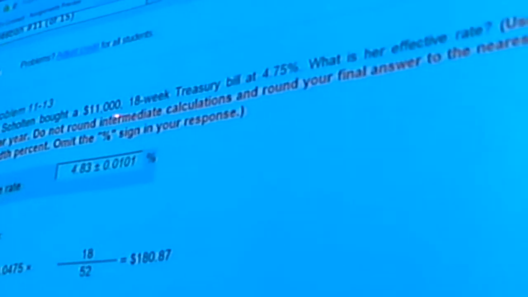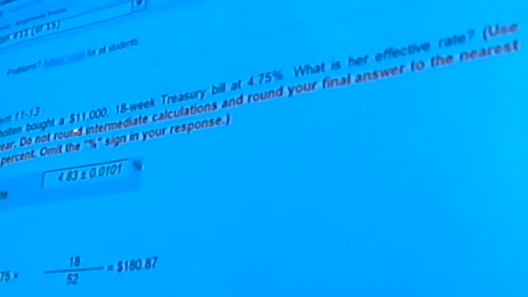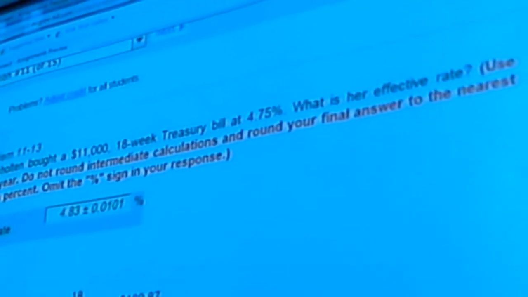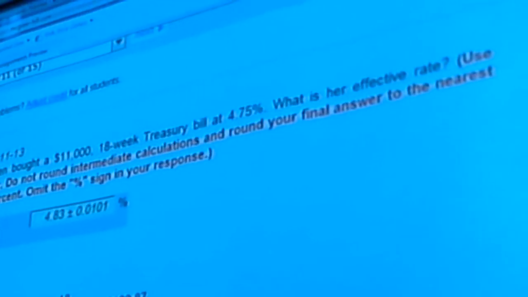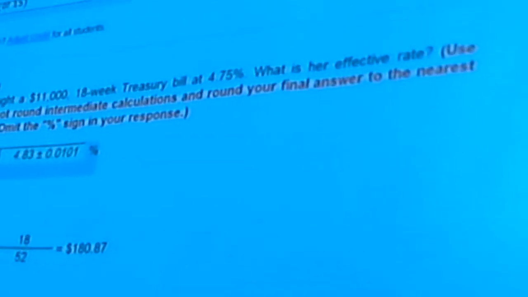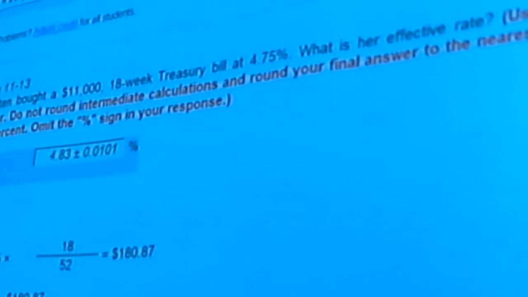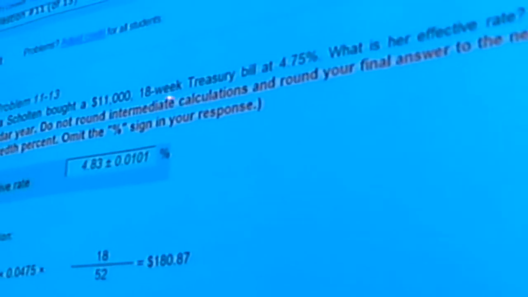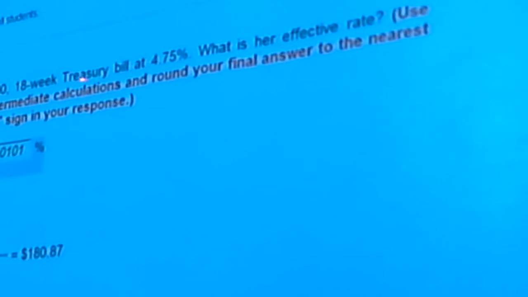Very simple, right? So we have Annika, who bought an $11,000 Treasury bill. That's the face value, so that's P. Think of it as the price if you want to. Well, no, don't do that because, never mind. You know what to do. We've done it over and over. Okay, so 18-week Treasury bills.